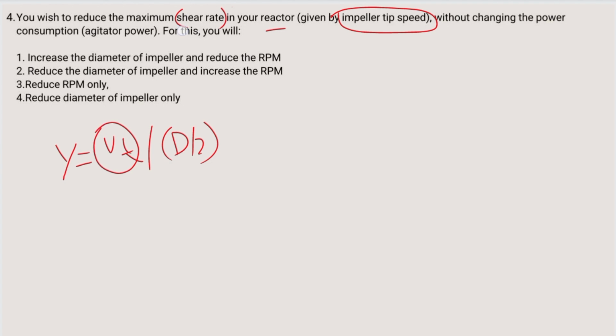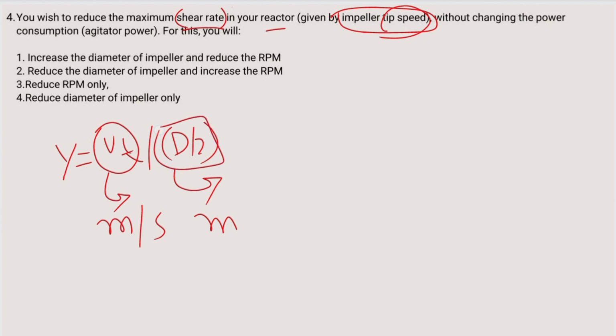So you are changing the shear rate depending on the impeller tip speed. This equation shows the relation between the tip speed and the shear rate. The tip speed's unit will be meter per second, and D is the diameter of the impeller, with unit meter.